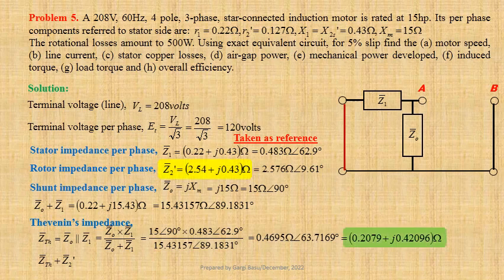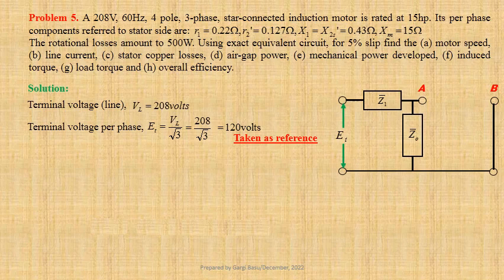Using values we get 2.7479 plus j times 0.85096 ohm. This may be written in polar form as 2.876645 ohm at an angle 17.2065 degree.